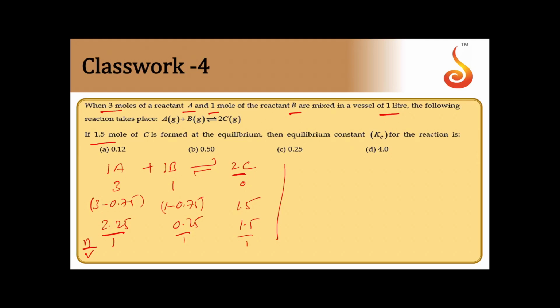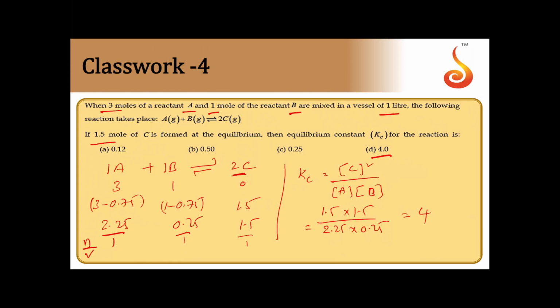Now the equilibrium constant Kc will be equal to the concentration of C square by the concentration of A into the concentration of B. Substituting the values, 1.5 square by 2.25 into 0.25. Simplifying, we get the value as 4. So the answer is option D.